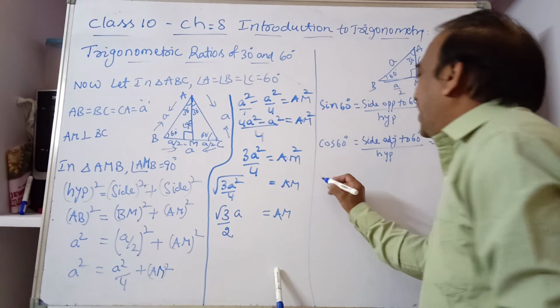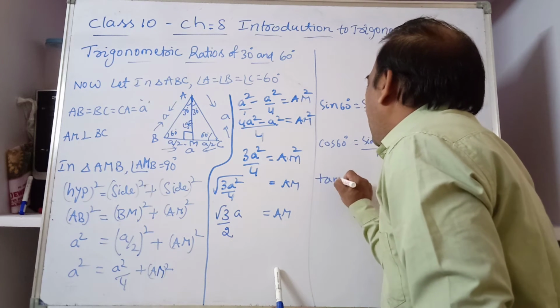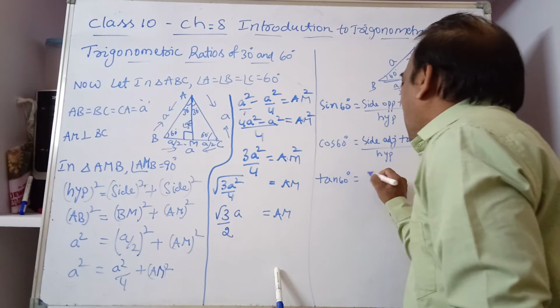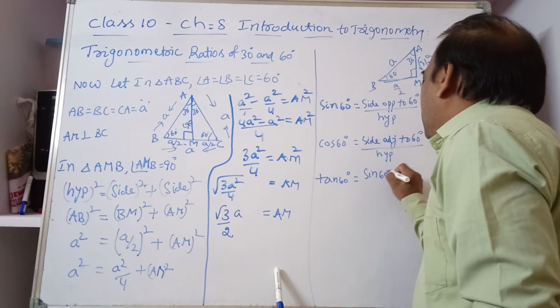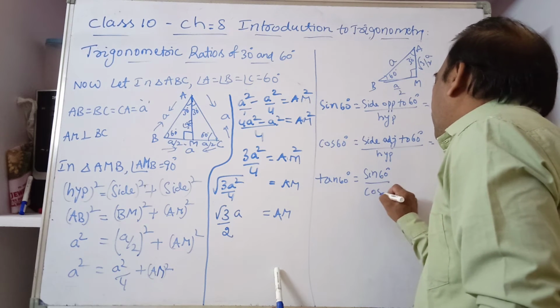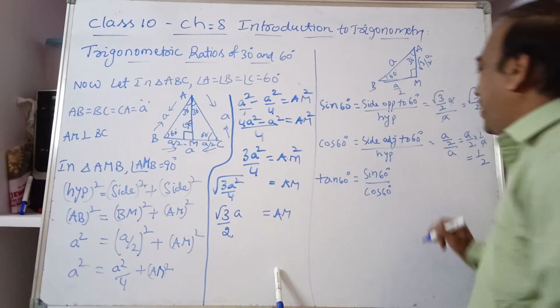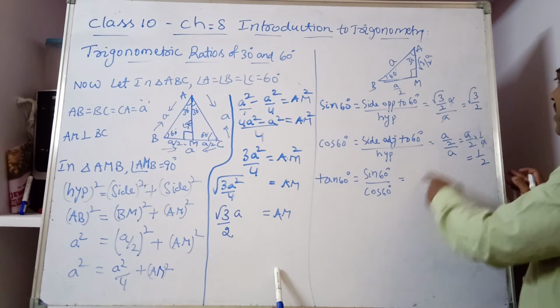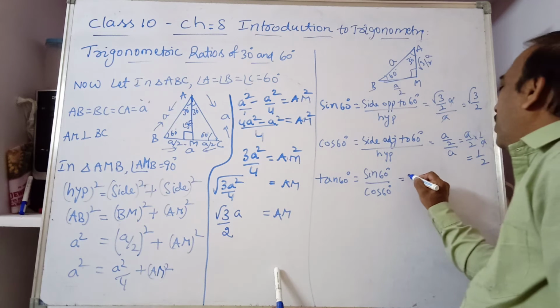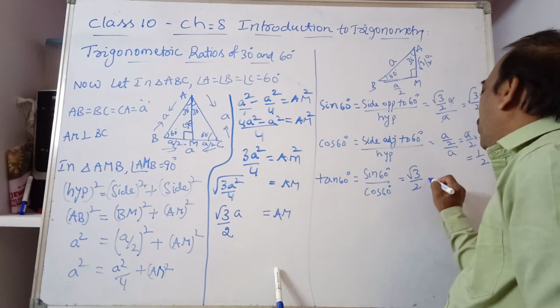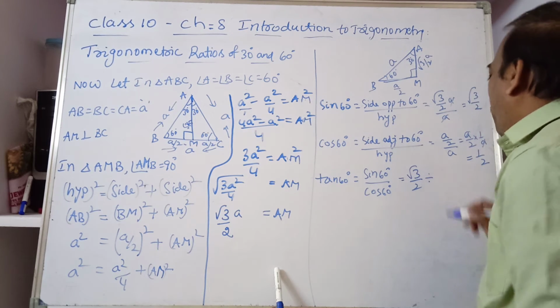Now tan 60 degrees, we can say another way: tan 60 degrees can be written as sin 60 degrees by cos 60 degrees. Sin 60 value is root 3 by 2, and by is nothing but divided by.